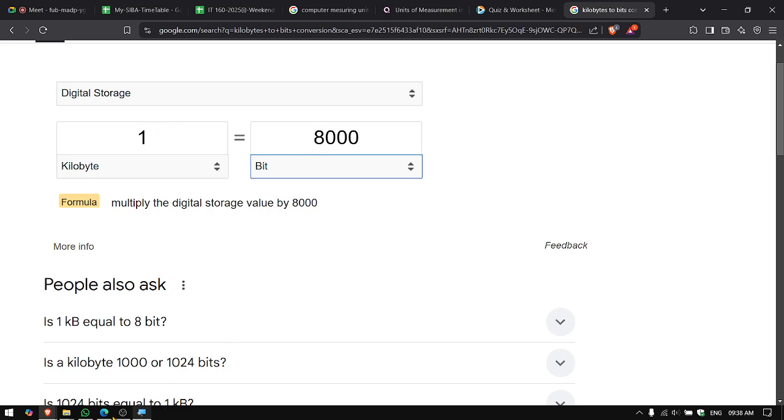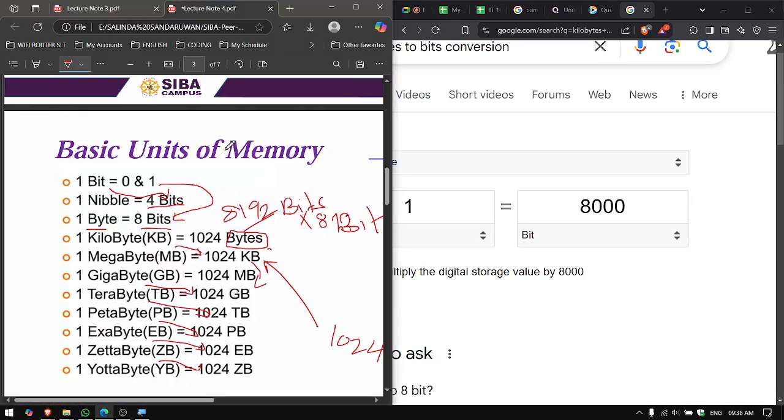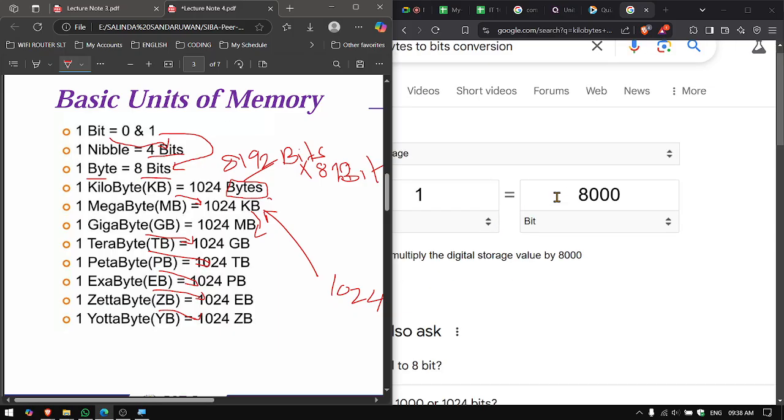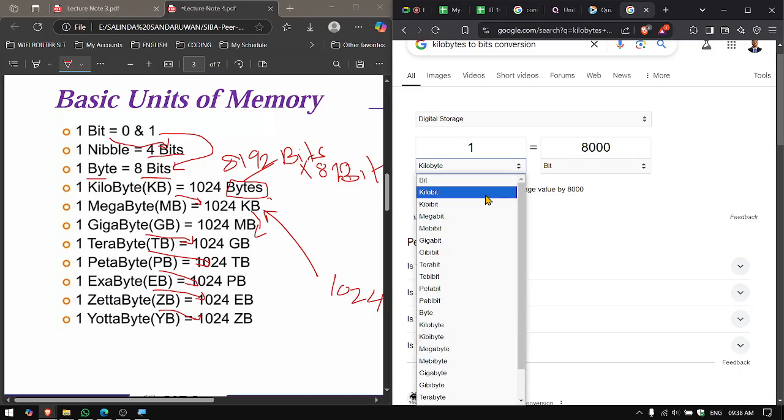So first, what we have. Let me split the screen. It's easy. Now we can see. If we select one nibble, can we select nibble here? Is it there? No, it's fine.